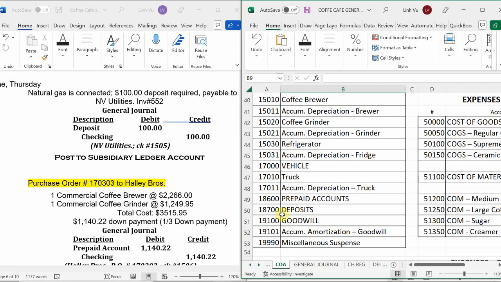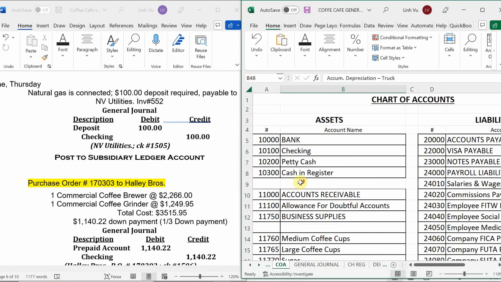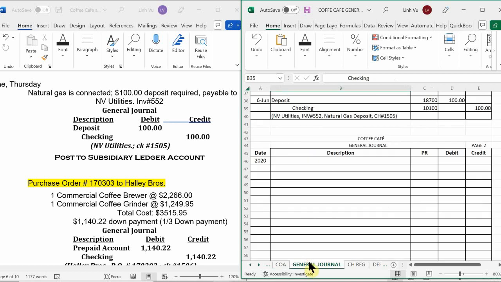We haven't received the items yet, so we can't technically say that a portion is going to go to the coffee brewer and a portion is going to go to the coffee grinder, right? We can't say that we have them yet. So that's why we cannot utilize our fixed asset until we actually receive the items, okay? So in this case, I'm going to record it as a prepaid account, and I'm going to record that I'm going to pay using our checking account. Okay, so that's the difference there.